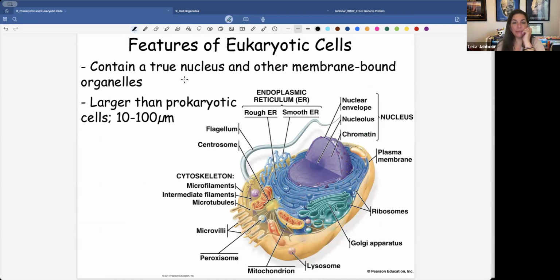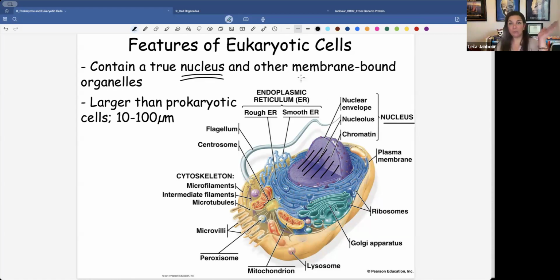But what I've already alluded to is the nucleus. Here's the nucleus, and this is a diagram I really like because it shows so many organelles in one beautiful diagram. The nucleus here has a nuclear envelope, which is equivalent to the cell membrane, but it's the membrane around the nucleus. And by the way, all these compartments are membrane bound.